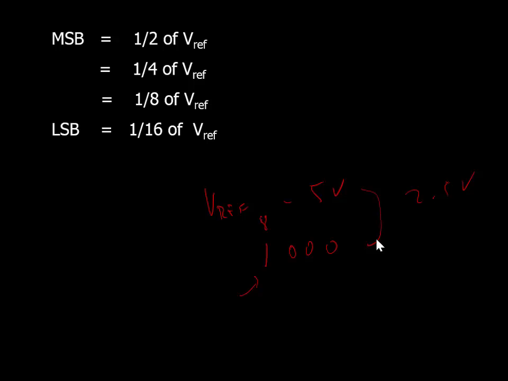Another thing you need to know is that the actual voltage measured is going to be equal to the binary reading divided by the max reading, times V reference.